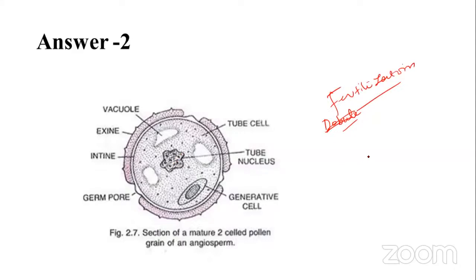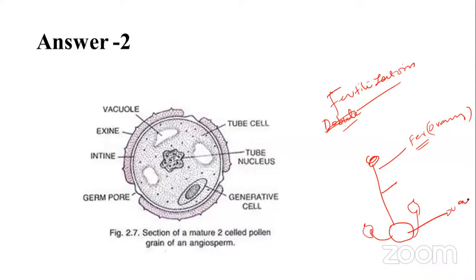The plant contains two parts. This is called the female reproductive part, that is the ovary. The female reproductive part has the stigma, style, and ovary. Here the anther is there.